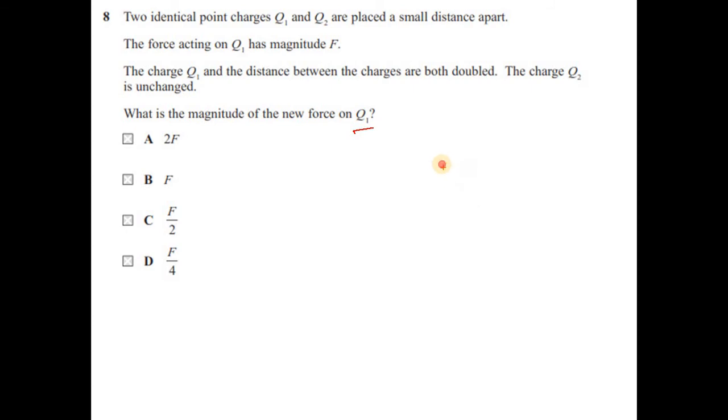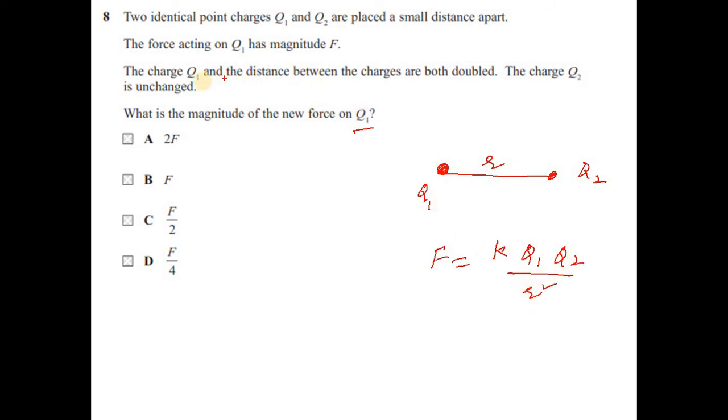So you have two charges, Q1 and Q2, some distance r apart, and we know the force between two charges F is equal to k Q1 Q2 over r squared.